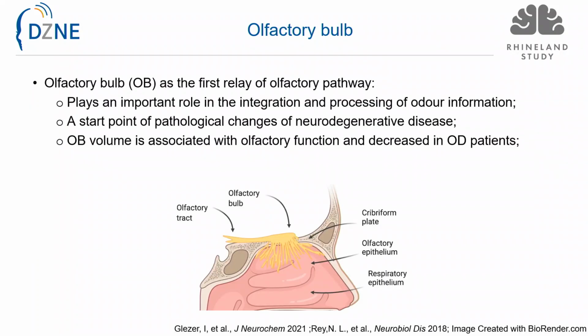To study the neural basis of olfactory function, the olfactory bulb is very critical because it's the first relay between the central and peripheral olfactory pathways. It helps to integrate and process odor information, and it is also a starting point for some pathological changes, like amyloid deposition in Alzheimer's disease.